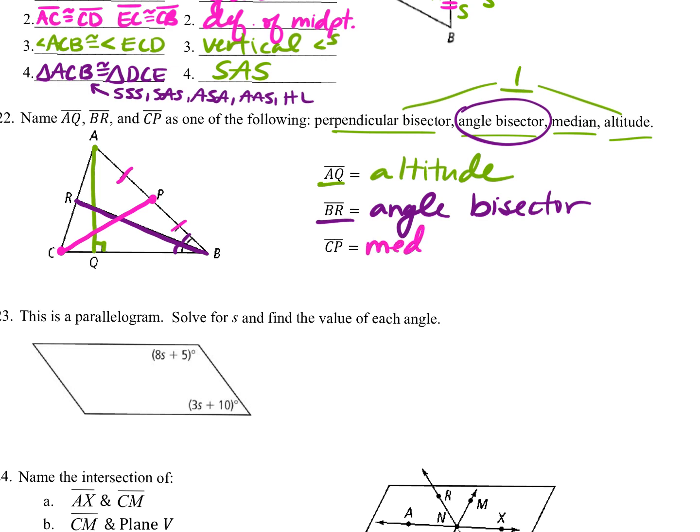So that's a median. If it is a perpendicular bisector, which is the only one we didn't draw in, that would be a bisector, right? So like point P, but perpendicular. So this has to be a 90-degree angle if it's going to be a perpendicular bisector.